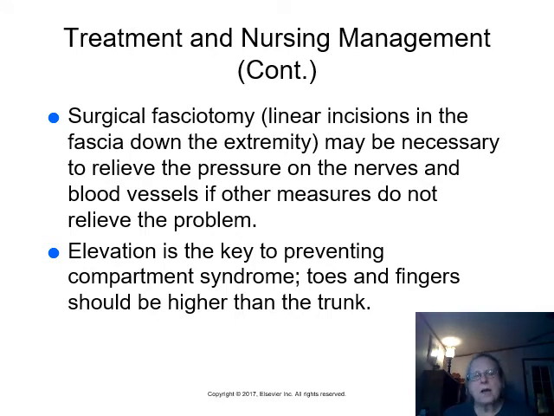If they don't have a cast, perhaps they're going to go in and do a surgical fasciotomy, where there are linear incisions on each side of the limb, opening up the fascia and allowing the swelling to occur, but relieving the pressure as well. Elevation is key to preventing compartment syndrome. Once again, the toes and fingers should be higher than the trunk.